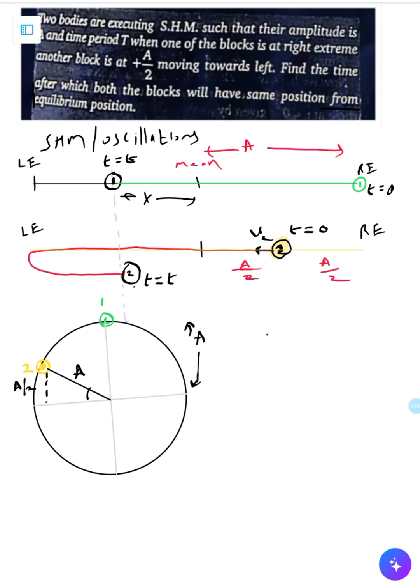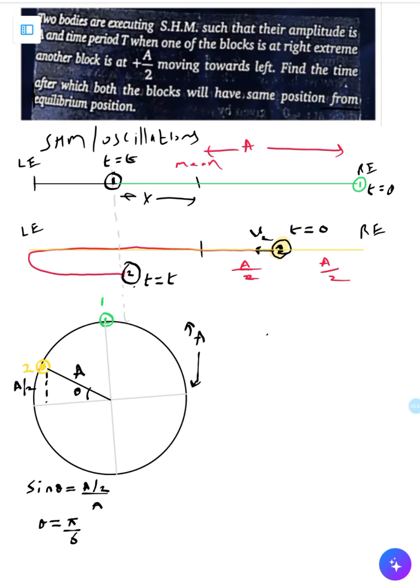Now first we'll calculate the phase angle. So the phase angle of this, some theta I will call it. So what is sine theta? Equal to A by 2 by A.